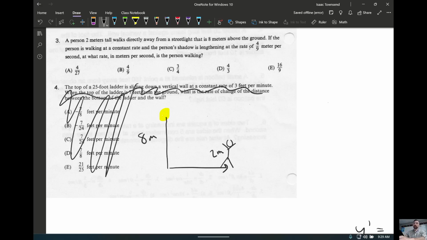Assuming the person's walking at a constant rate and the person's shadow is lengthening at a rate of 4/9 meters per second. So the light is hitting the top of his head, and that's making up his shadow. So the shadow is increasing at a rate of 4/9 meters per second. And from this information, we should be able to figure out how fast the guy is walking. So how many meters per second is he walking?